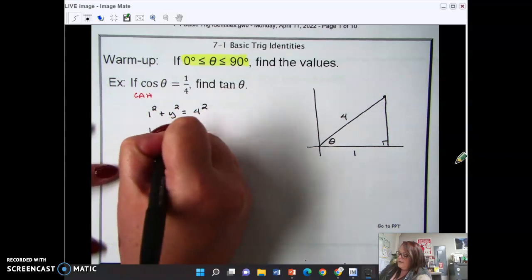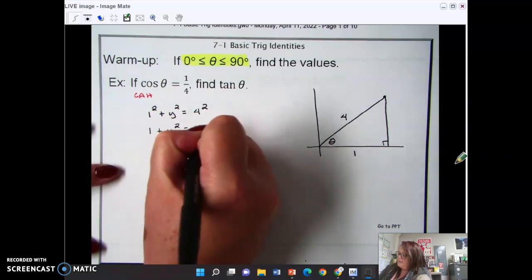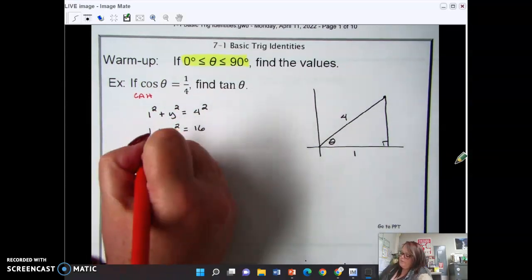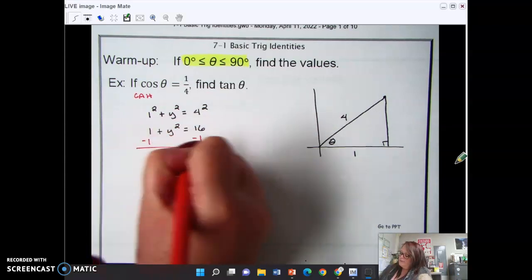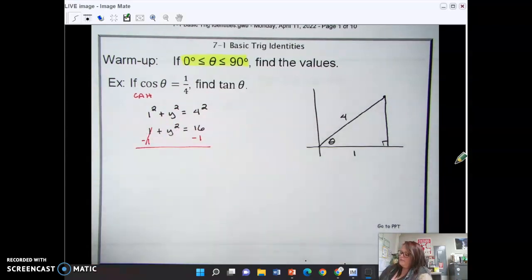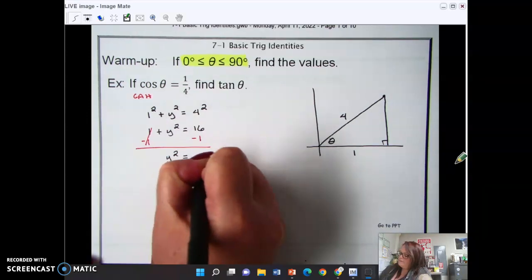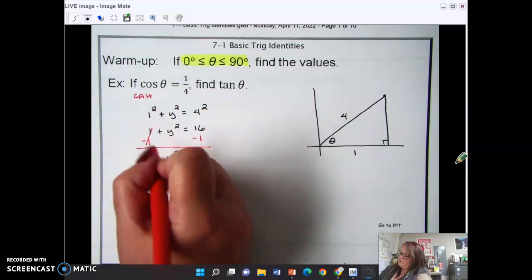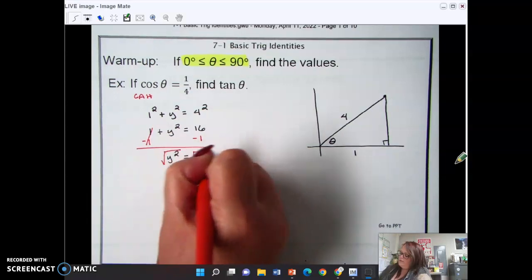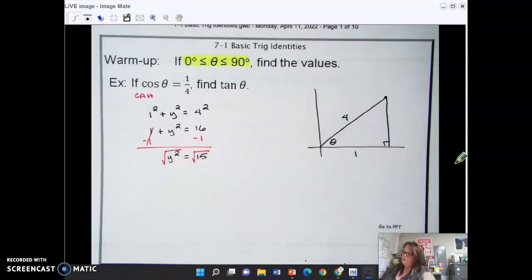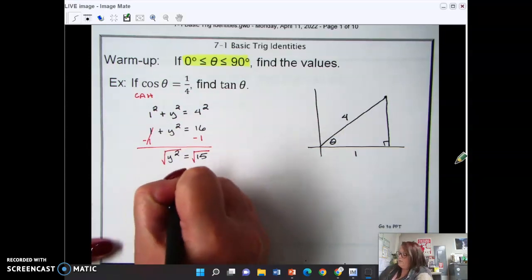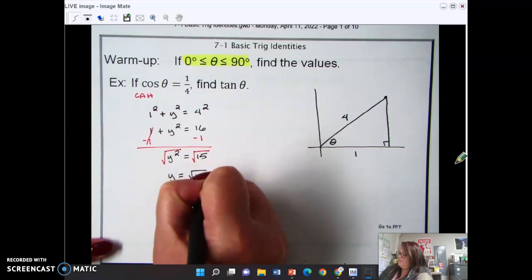So if we solve that, we would subtract 1 from both sides here, and we get y squared is equal to 15. And then if I take the square root of both sides, remember we are in the first quadrant, so we don't have to worry about the plus or minus because everybody's positive in the first quadrant. And so we're going to say that y is equal to the square root of 15.